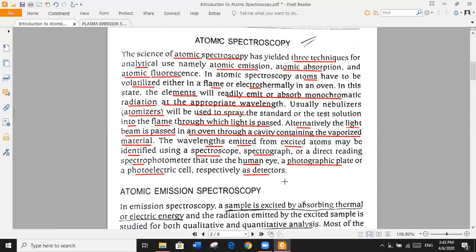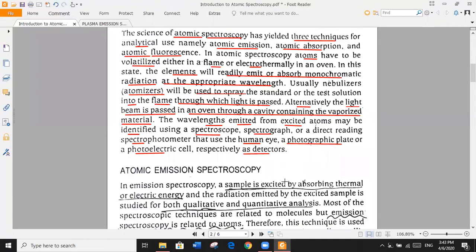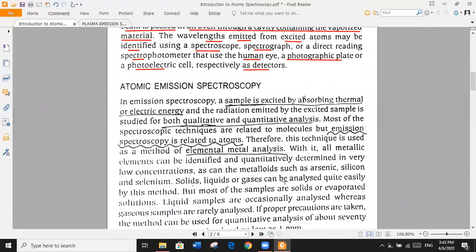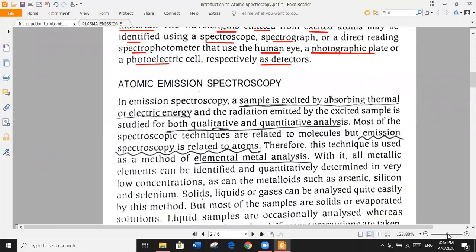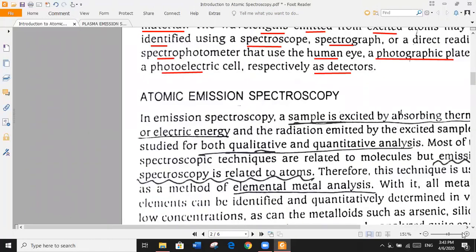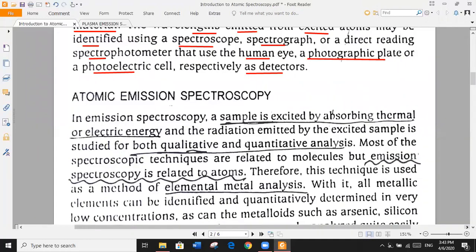Now, atomic emission spectroscopy theory. In emission spectroscopy, a sample is excited by absorbing thermal or electrical energy, and the radiation emitted by the excited sample is studied for both qualitative and quantitative analysis.